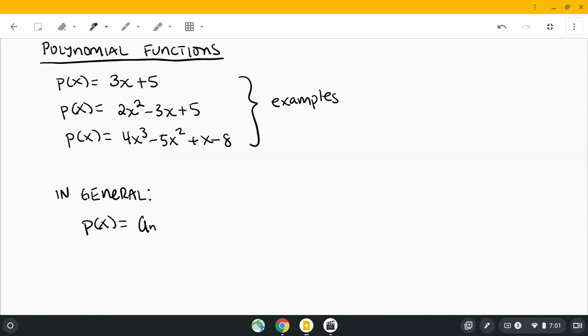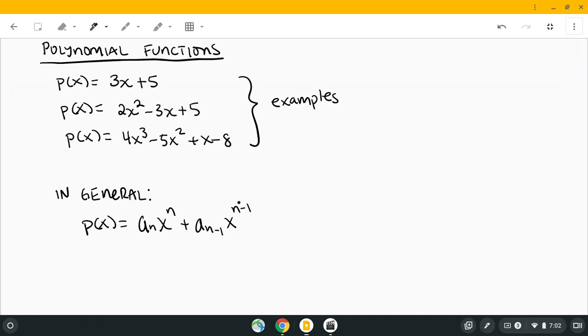So you have some number here, and then x to some power. And then you have the next one, x to n minus 1. These are related, so if this is 5, this is 5 minus 1, which is 4.